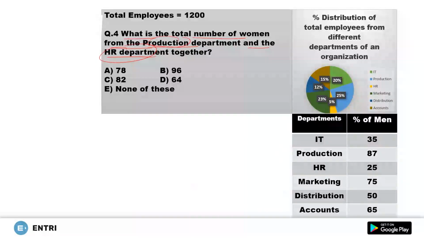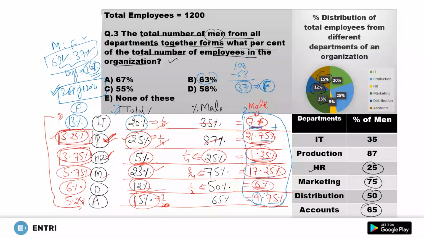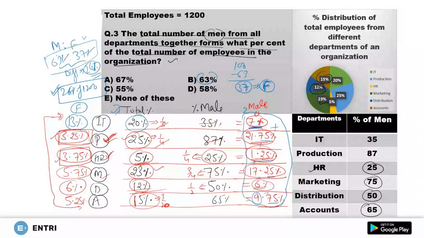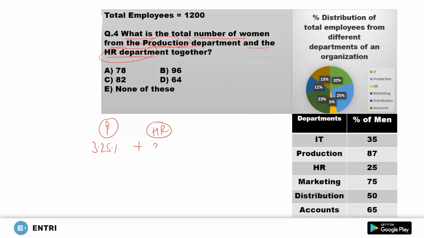So in production you have 3.25 plus in HR you have 3.75. Can you say you have total 7%? 7% of what? 7% of 1200.